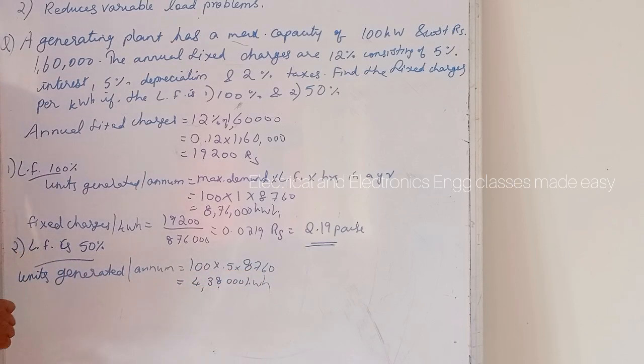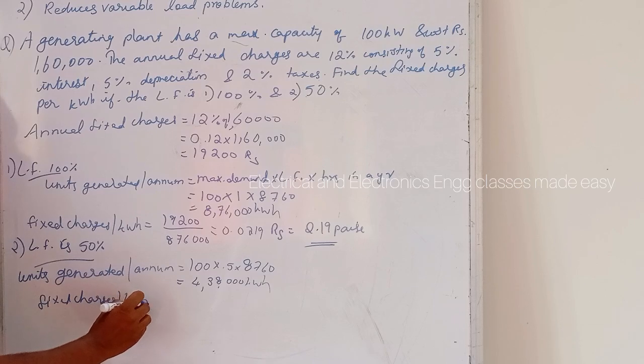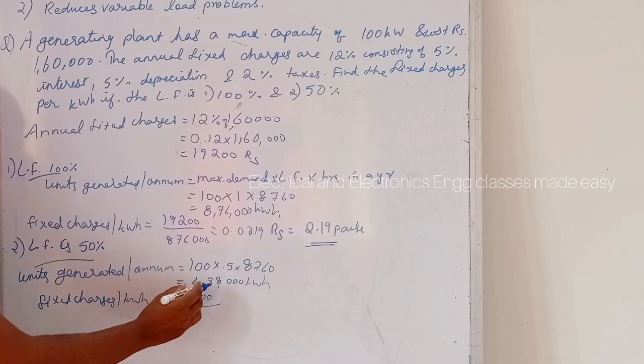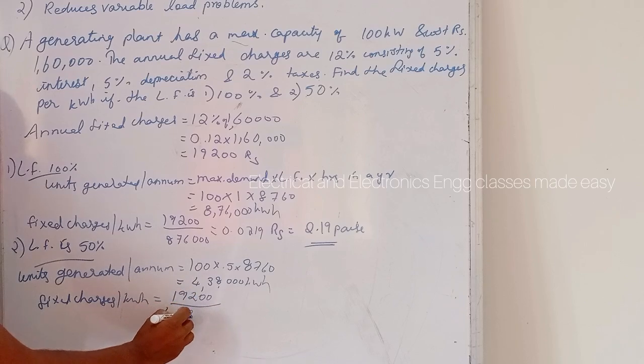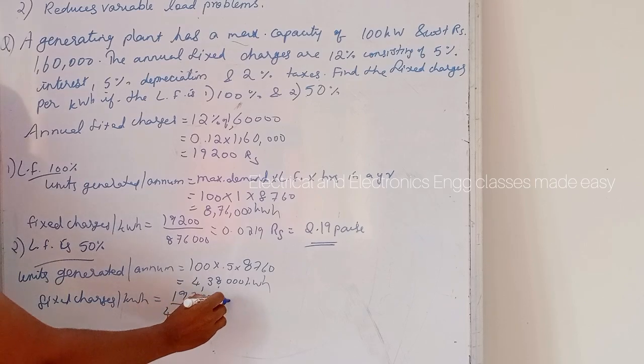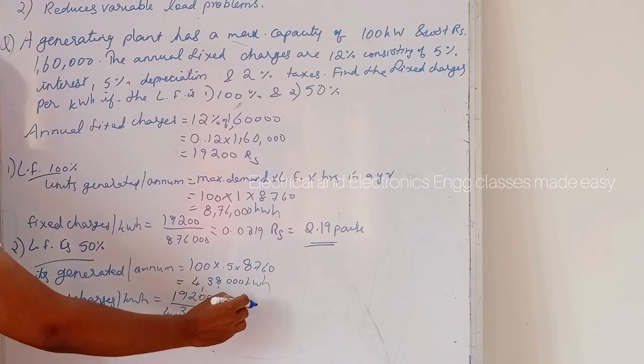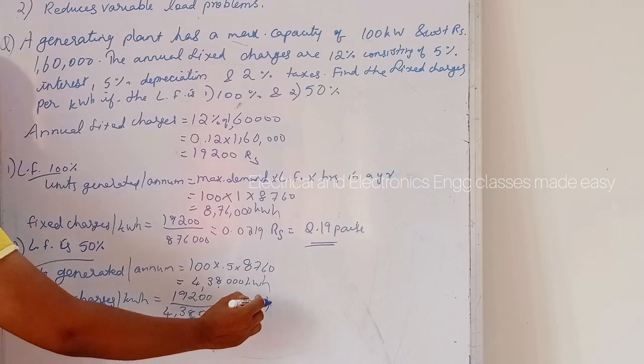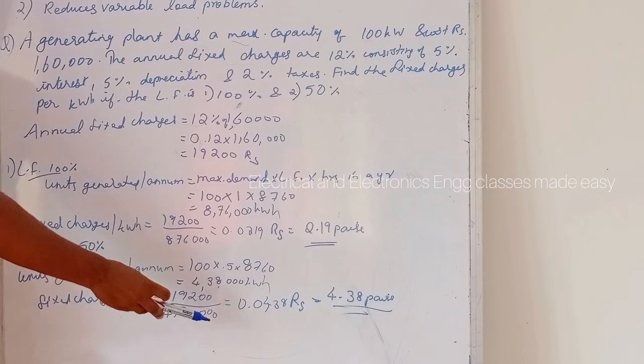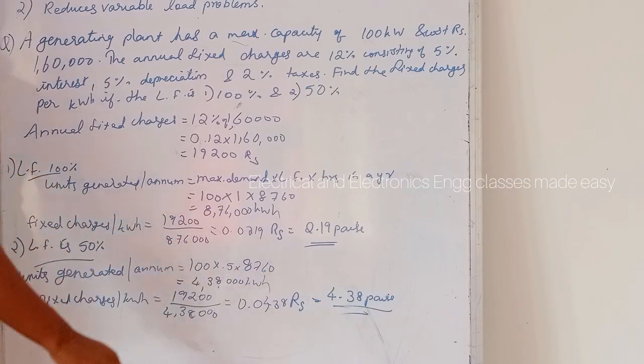Now we can find the fixed charges per kilowatt hour. That is fixed charges per kilowatt hour is equal to 19,200 divided by this one, and that is equal to 0.0438 rupees, which is equal to 4.38 paise.